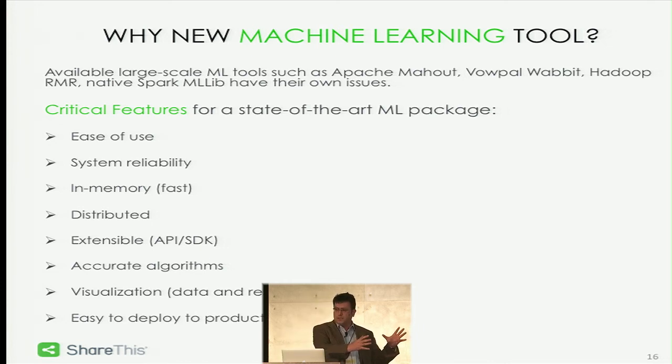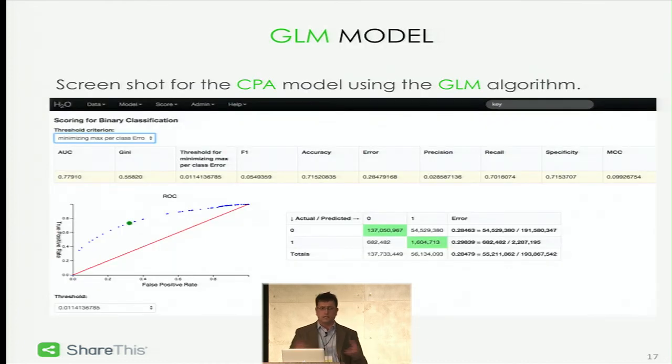So that's the reason we use the H2O platform. And for the basic model, we use the GLM, logistic regression. Logistic regression is always the base model. It is a good model, and it's a very, very elegant model. So here you can see the ROC plot.